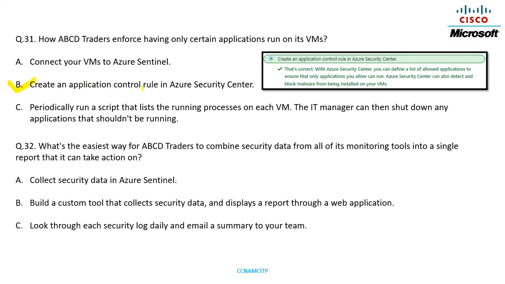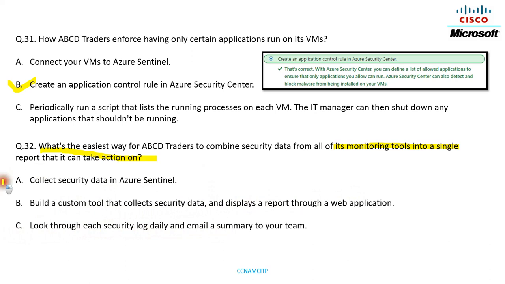Next question: what is the easiest way for ABCD traders to combine security data from all of its monitoring tools into a single report that it can take action on? Look through each security log daily? No. Build a custom tool that collects security data?